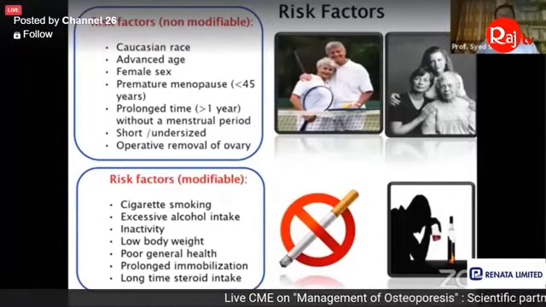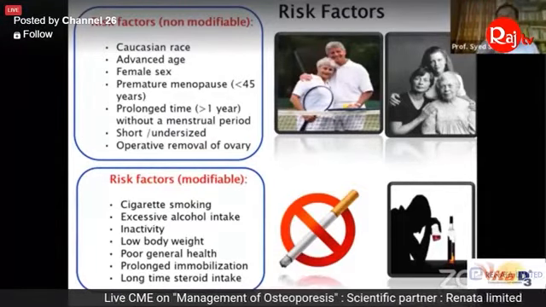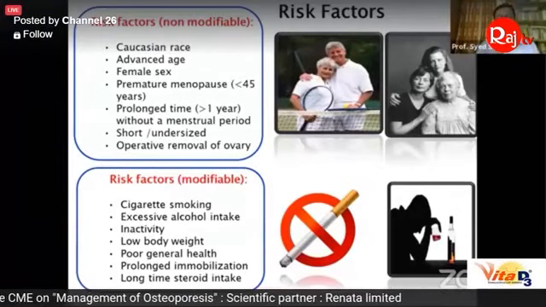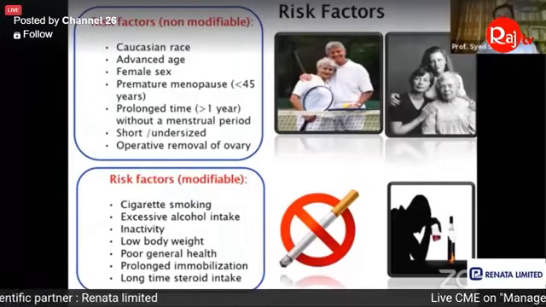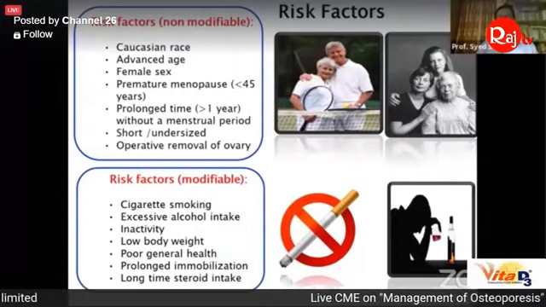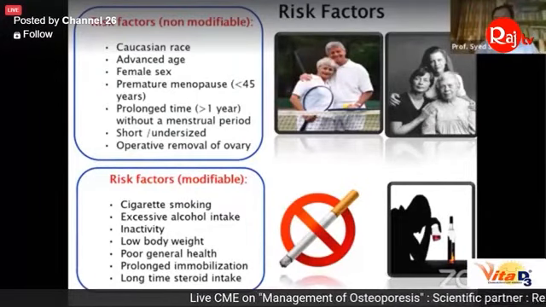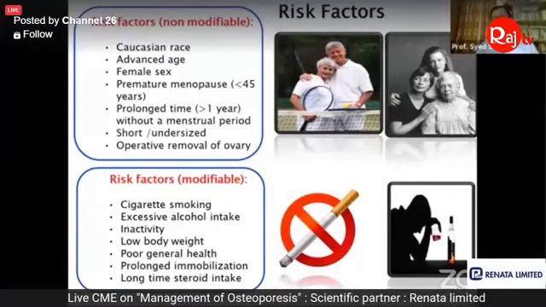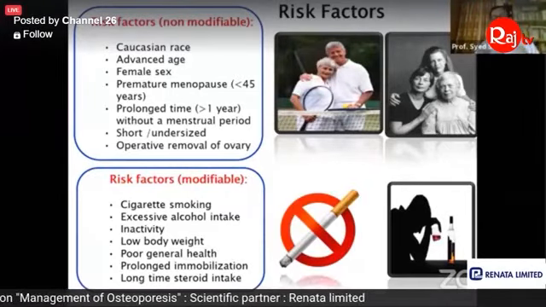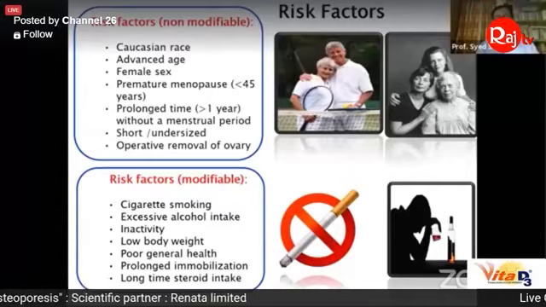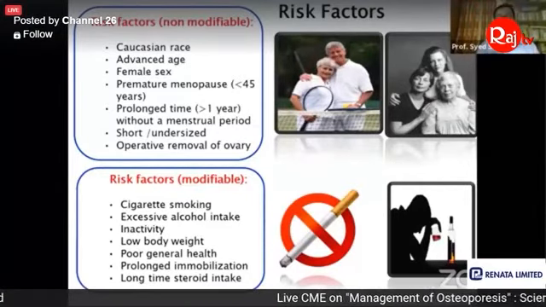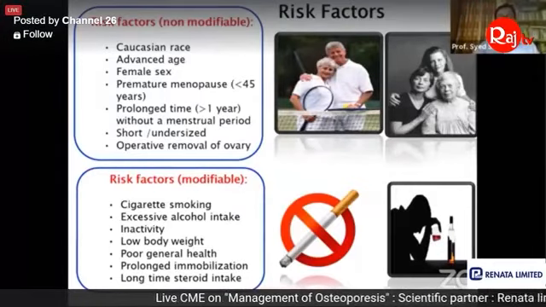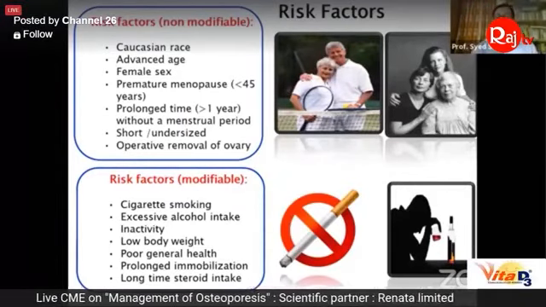These are non-modifiable factors that we cannot change, but there are modifiable factors: cigarette smoking, excessive alcohol intake, and inactivity, like in this pandemic period when we are all inactive, remaining within our homes. Low body weight is very important. Patients can develop osteoporosis with poor general health, prolonged immobilization, and long-term steroid use.